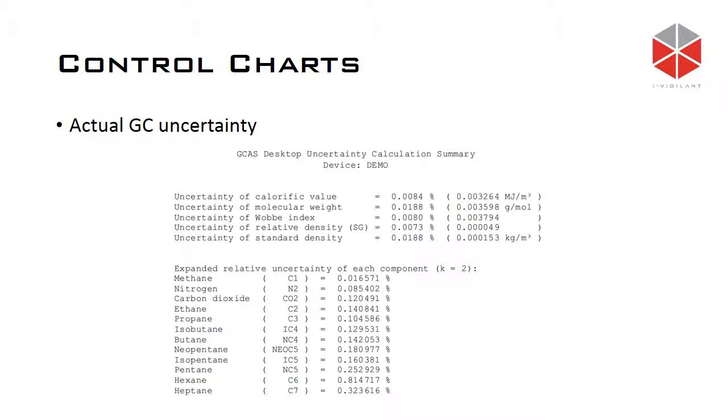Here is the result of the GC uncertainty calculation. You can see the value of the CV uncertainty is quite low, and we can set the limit of the uncertainty value of the CV so that it will generate an alarm in case the uncertainty goes beyond that. We'll also be able to see that the hexane and heptane performance is captured here as well. The uncertainty of hexane and heptane is much, much bigger than the rest of the components.